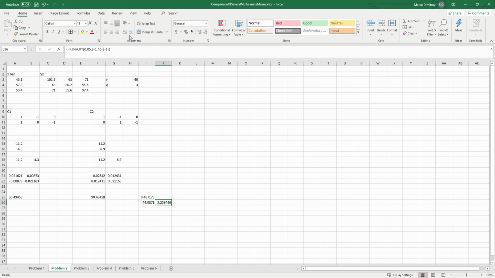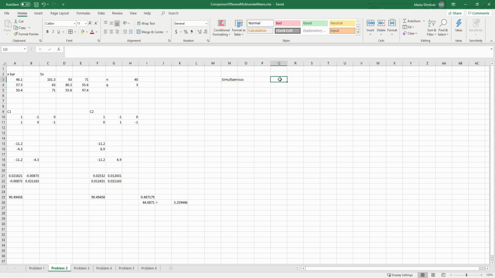So we get 3.29. So we can make a conclusion based on comparing those two values. In this case, we reject the null hypothesis and we say that there is a significant difference, because this value is larger.